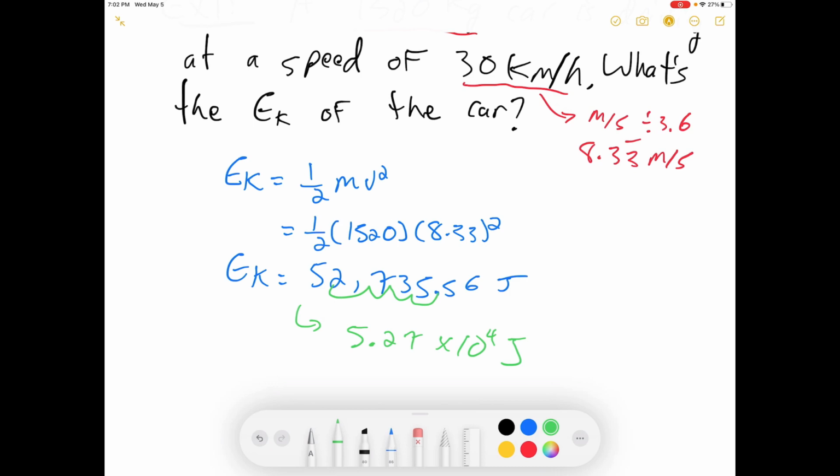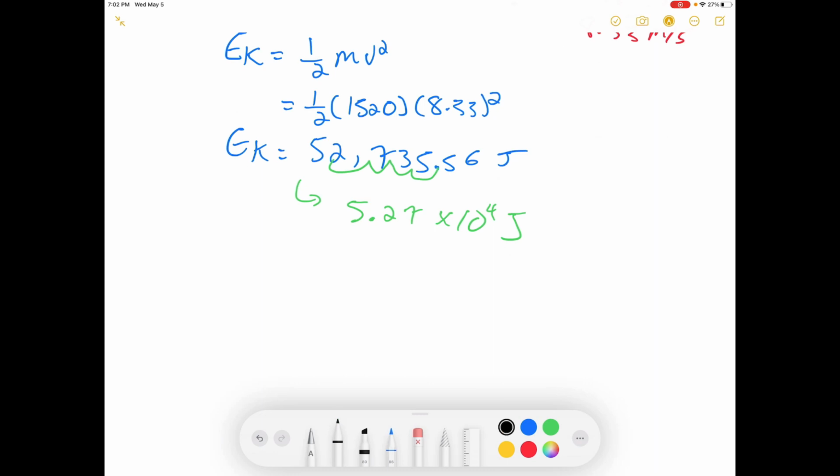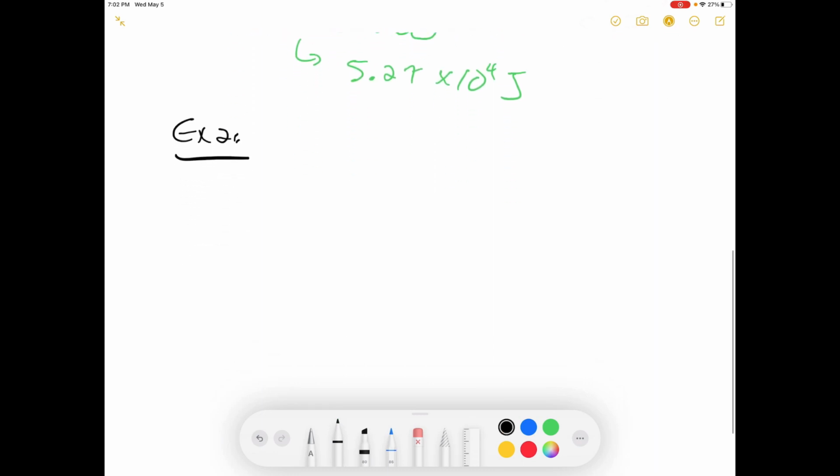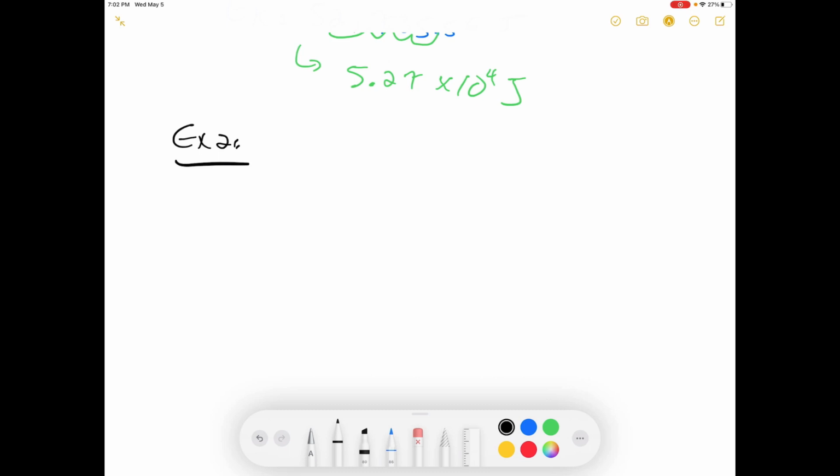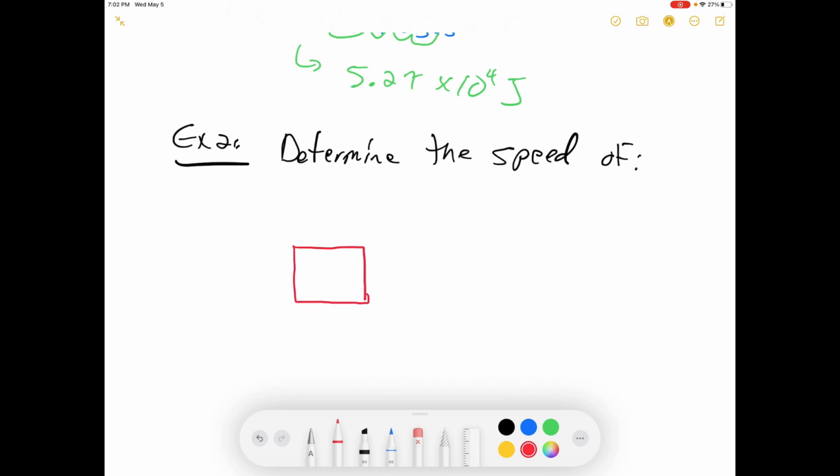Okay. So now let's do another example. Say example 2. And in this case, we'll draw it as a diagram, and we'll say determine the speed of. And in this scenario, we'll say it's some sort of box that has a mass of 4.0 kilograms.